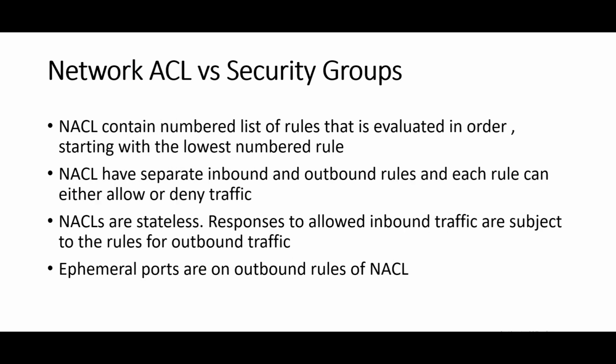Network access control lists are stateless. Responses to allowed inbound traffic are subject to the rules for outbound traffic and vice versa. In security groups, if you open port 80, you aren't allowed to block a specific IP address. Ephemeral ports are on outbound rules of NACL.